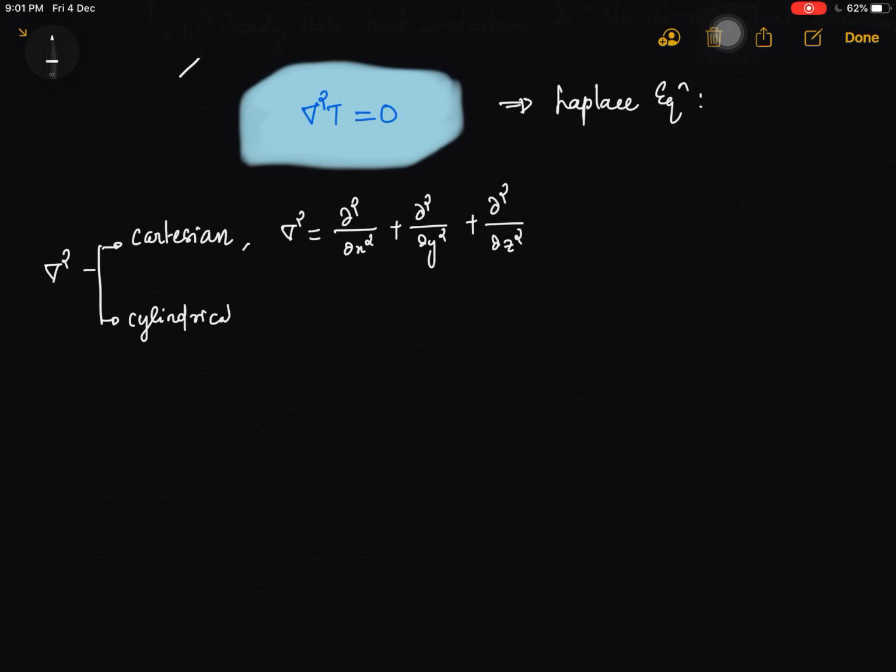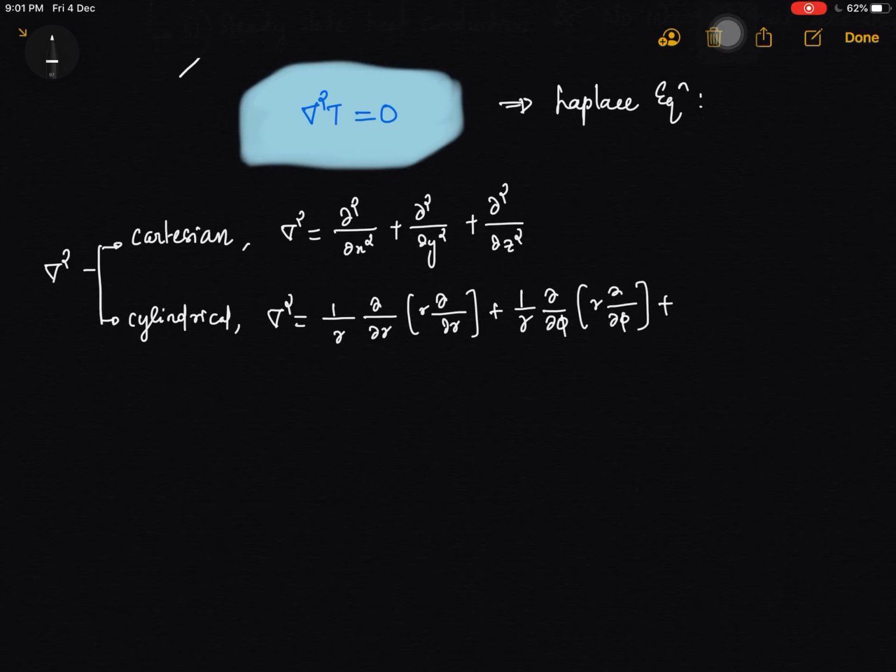In the cylindrical coordinate system, del square is equal to 1 by r dou by dou r into r dou by dou r plus 1 by r dou by dou phi into r dou by dou phi plus dou square by dou z square.